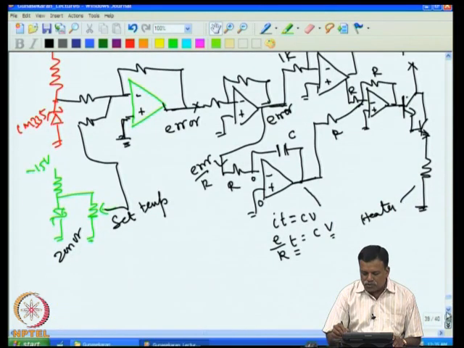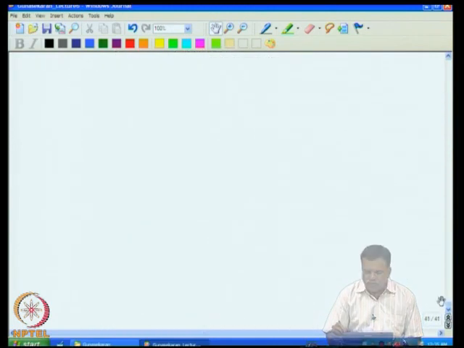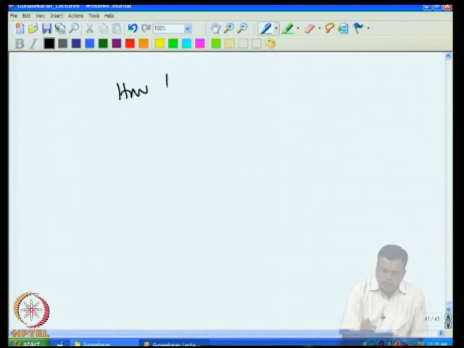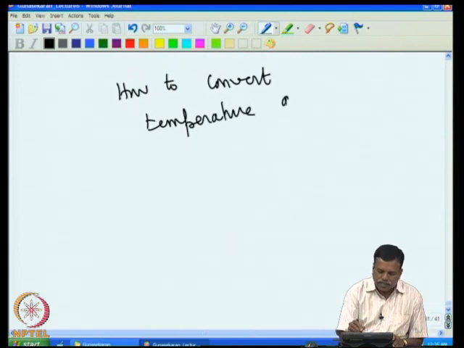We will see how to do this, because this is very often ignored, and then we end up blaming the temperature controller.